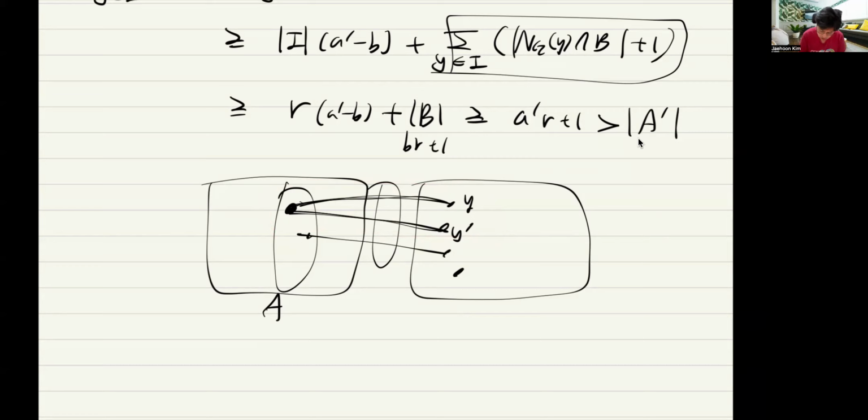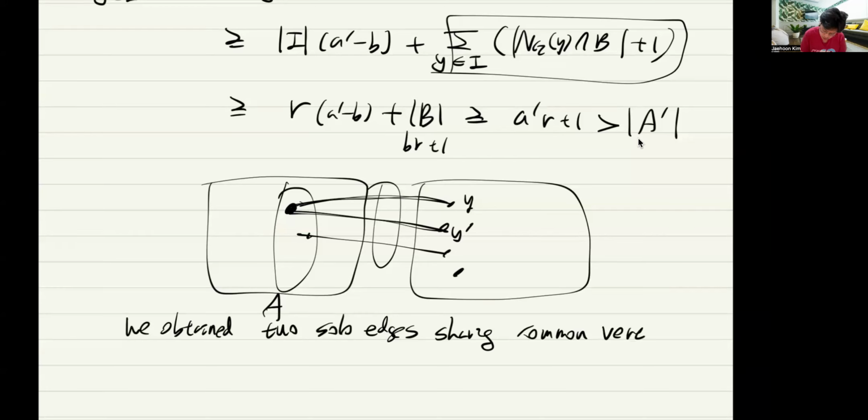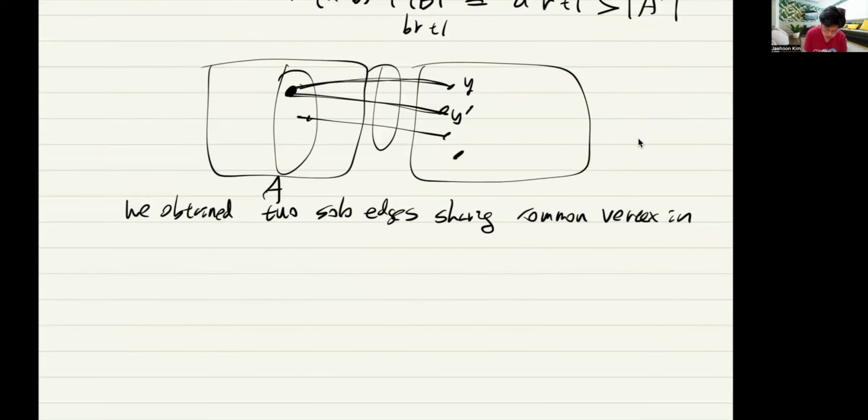So we obtained two solo edges sharing a common vertex in A prime as desired.